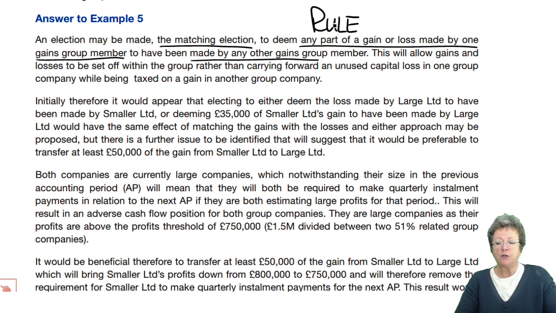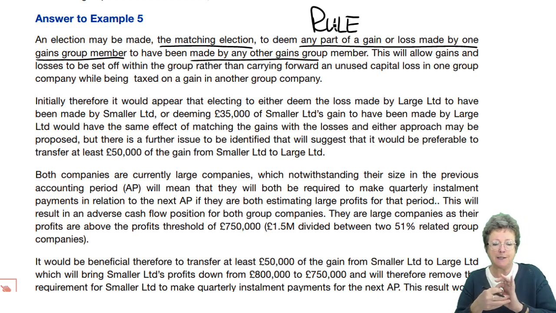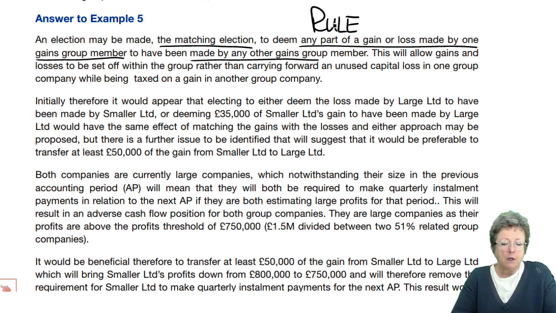So it allows gains and losses to be set off within the group rather than carrying them forward, because they stick together. Initially, therefore, it would appear that electing to either deem the loss by Large to have been made by Smaller, or deeming 35% of Smaller's gain to have been made by Large, would have the same effect of matching the gains with the losses.